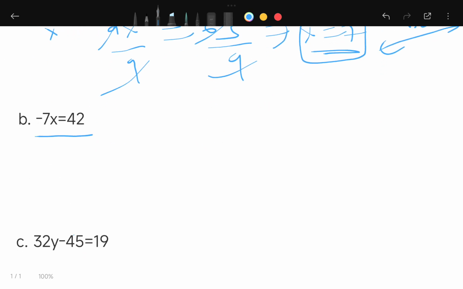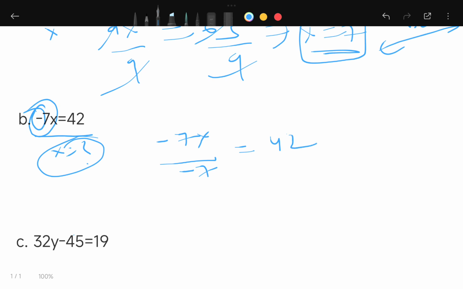Minus 7x equals to 42. You can see the minus sign, but the process remains the same. Now we need to find the value for x. So we need to somehow eliminate this minus 7. So what we do is we divide minus 7x by minus 7.